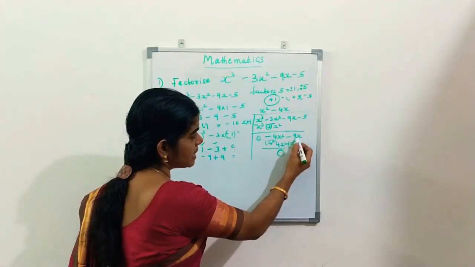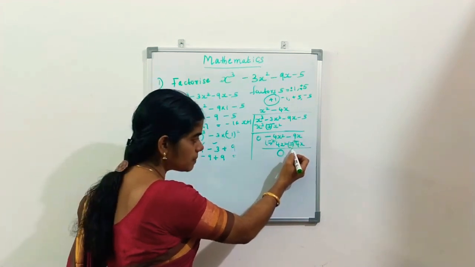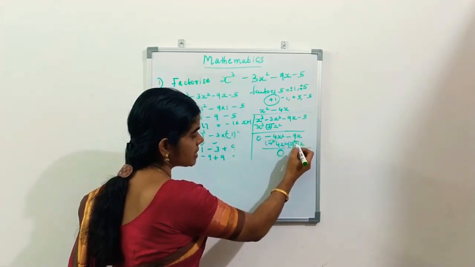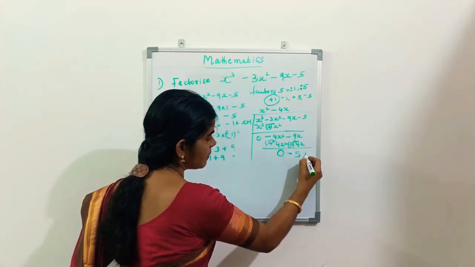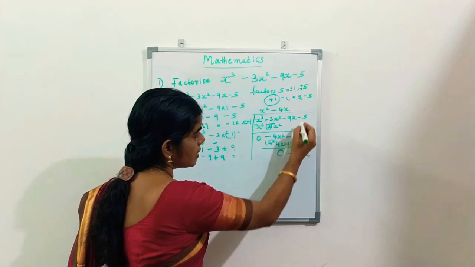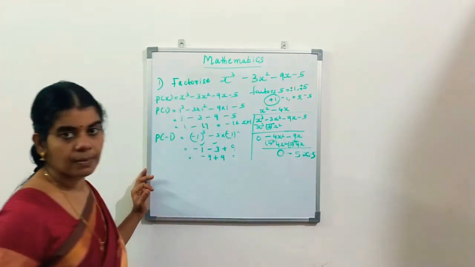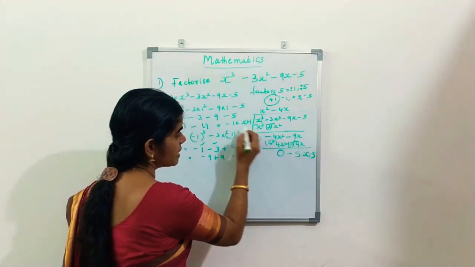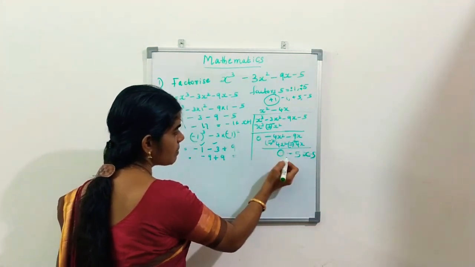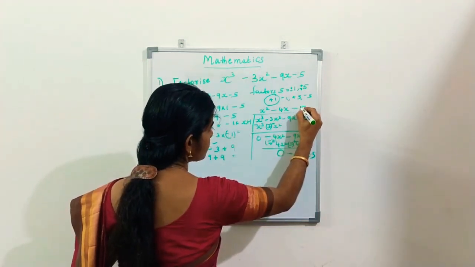Then minus 9x. Here two minus signs coming, this will become plus 4x. Minus 9x plus 4x means that will be minus 5x. Next number will be minus 5. That also you want to write down. Then here the first term will be minus 5x. Minus 5x by x means that will be minus 5.